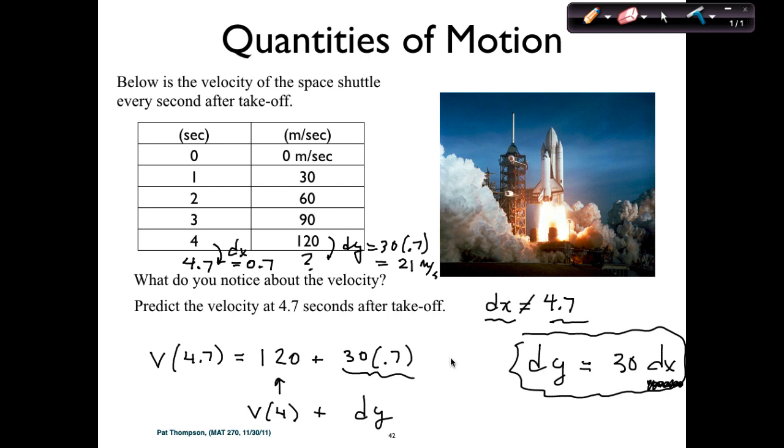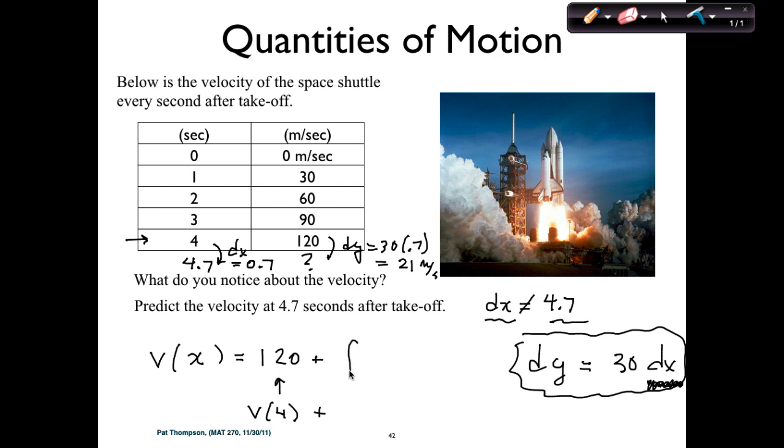So let's do that. I got v of 4.7 equals 120 plus that. So how could I write now a total accumulation function v of x, starting from v of 4 as my starting point? Then I would write 120 plus what? I want to be able to get any velocity after 4. So how do we write the net change since 4?